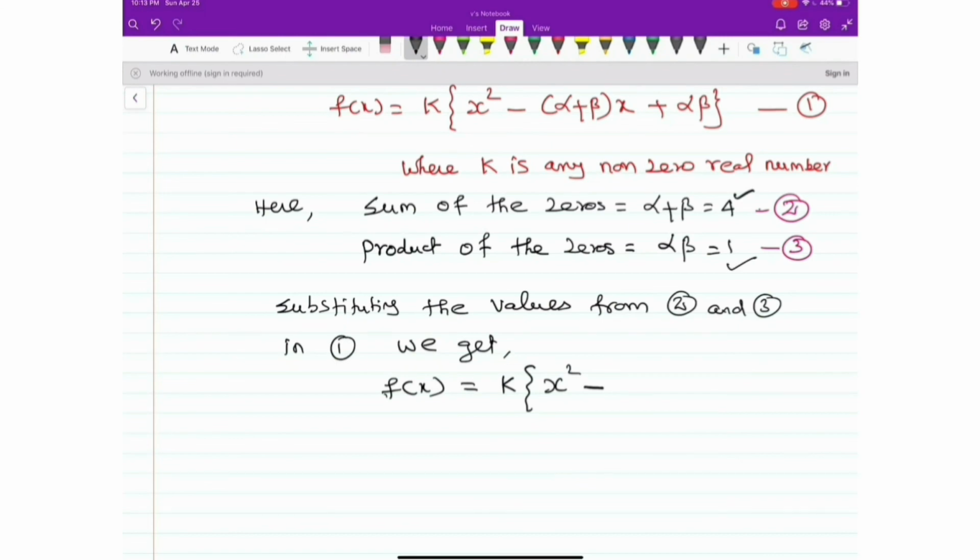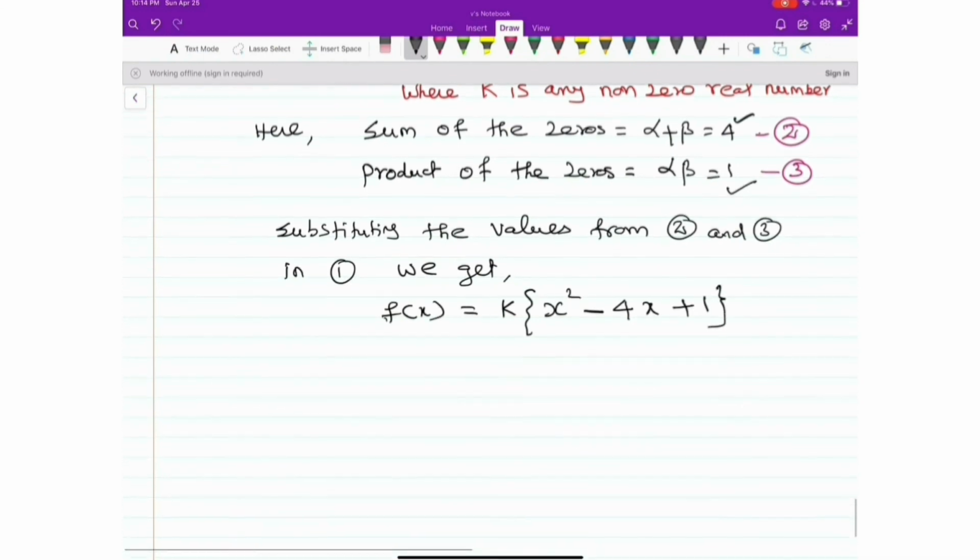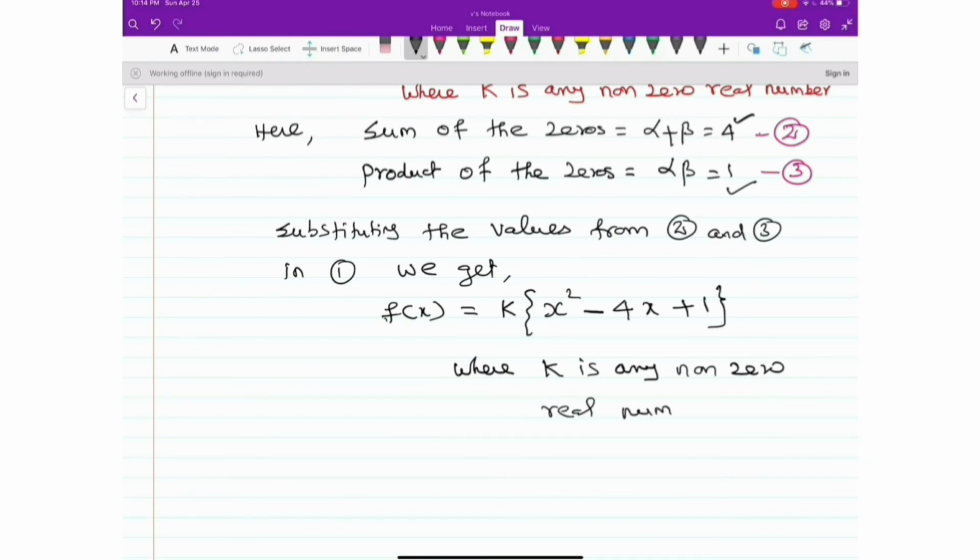So let us substitute here 4 into x plus 1. So here you can just write where k is any non-zero real number.